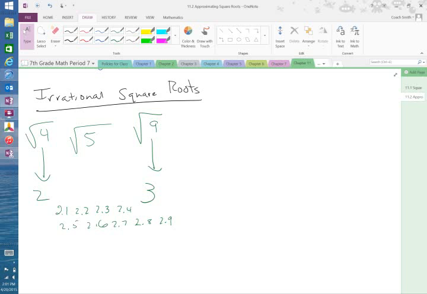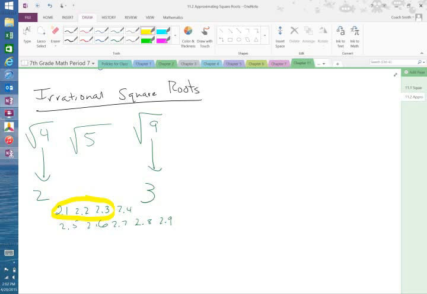Okay, so what we've got to do is decide this. Is the square root of 5 closer to the square root of 4 or closer to the square root of 9? Is it closer to 4 or 9? 4. Okay, so it's going to be at this end of our numbers, because 2.1 times 2.1 is going to be closer to 4 than 2.8 times 2.8. 2.8 times 2.8 is going to be down there by 9.